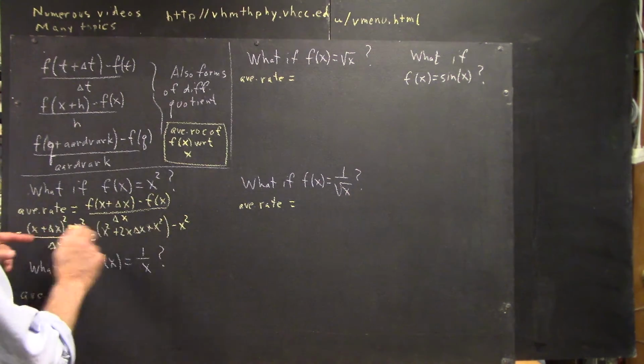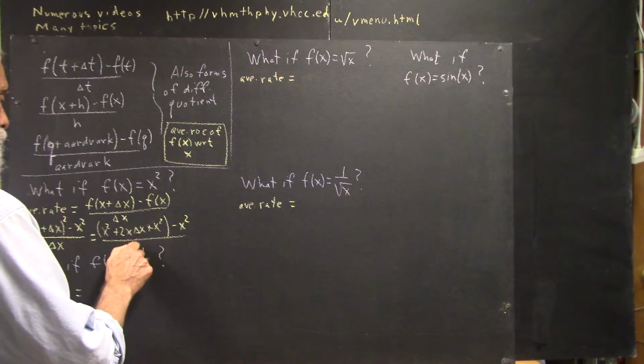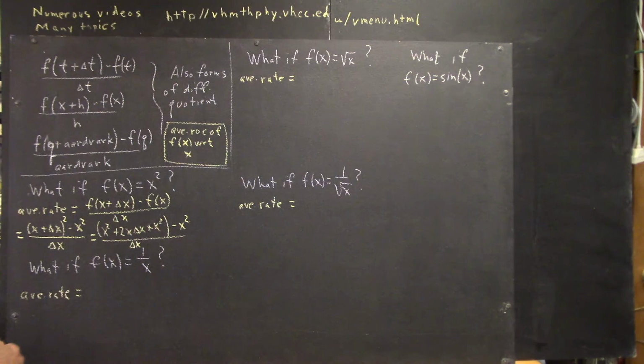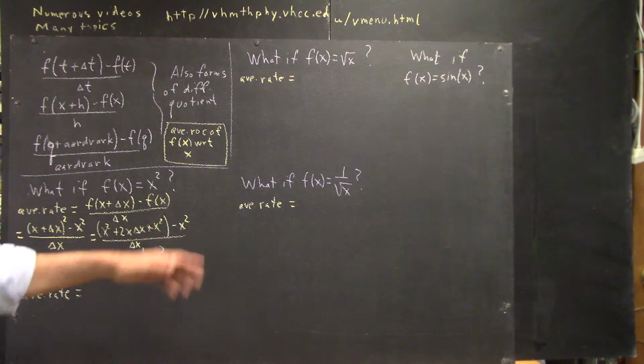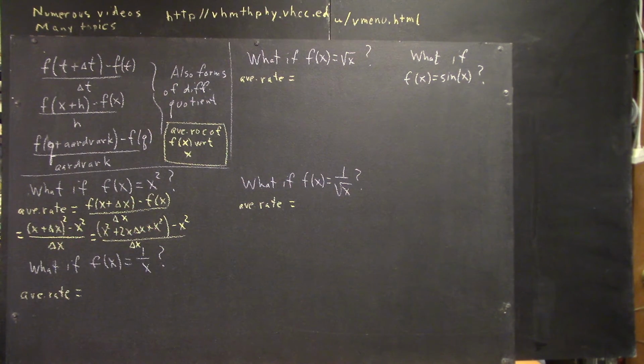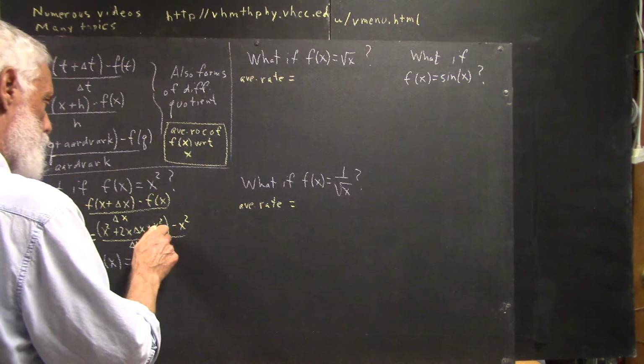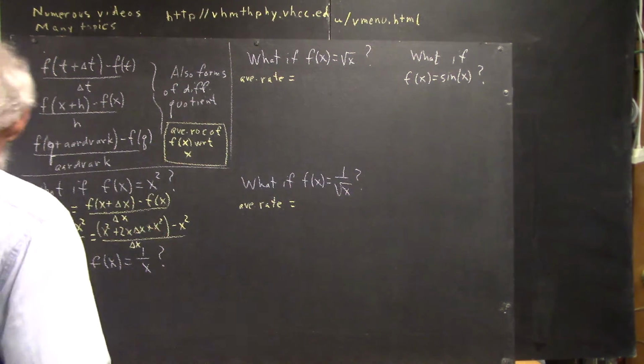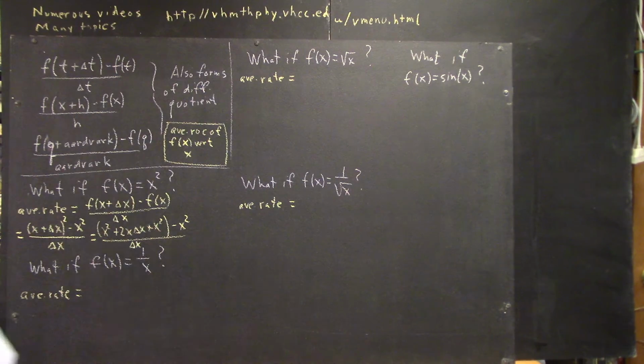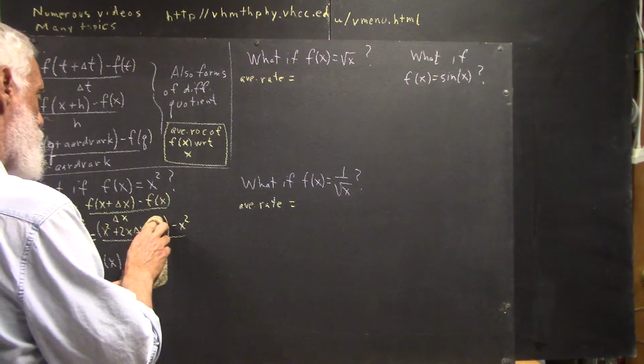And then you have your minus x squared, and you have your delta x down here. Okay? I didn't leave myself enough room to write all the details of this out, and I was careless here. I wrote x squared where I should have written quantity delta x squared.